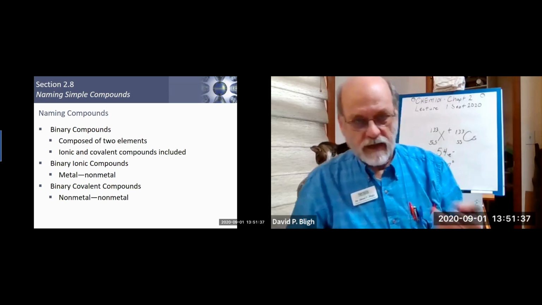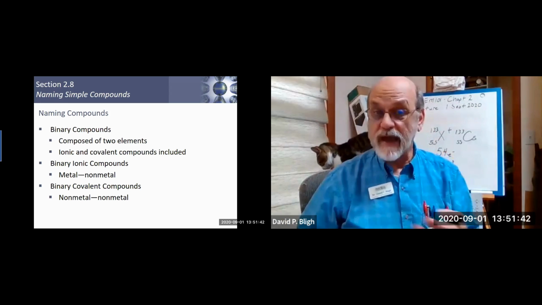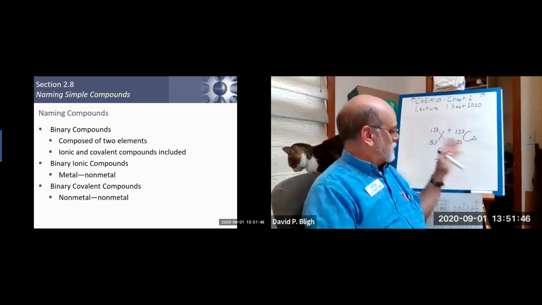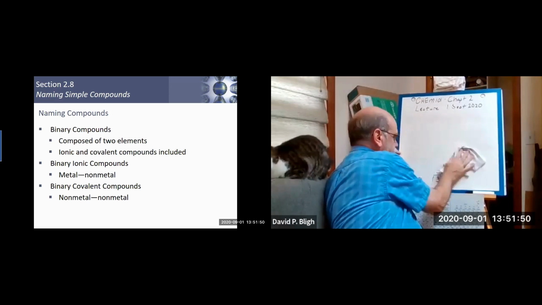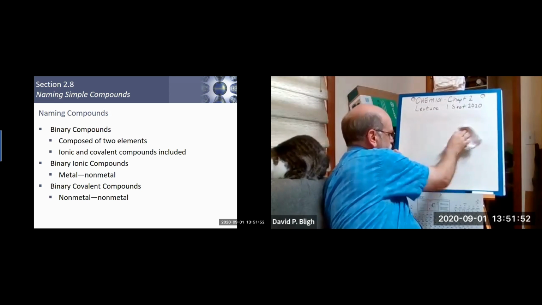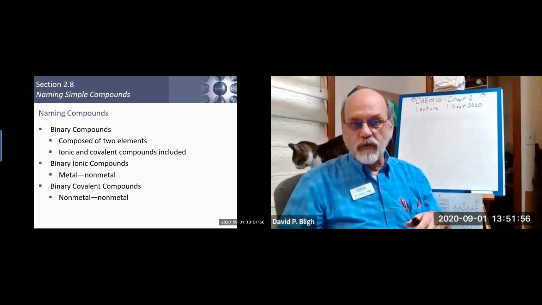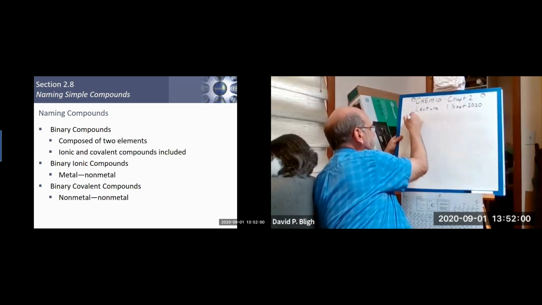Okay, so now that we know what a binary compound is, it can be either ionic or covalent. So you're going to have two elements together, and we need some rules to go by. So we're going to start off with type 1.